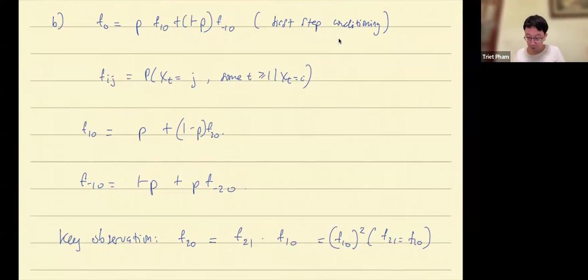Now, why is this true? First of all, this should be easy to understand.